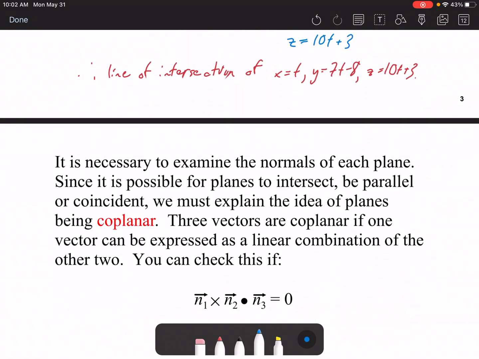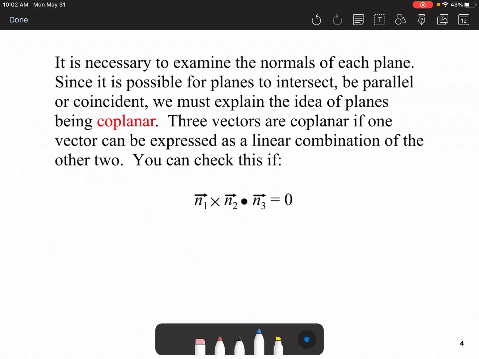Okay, so moving on. Before we continue on with 3 planes interacting, I've got to discuss the topic coplanar. The term coplanar means that all the items, all the vectors, lie in the same plane.